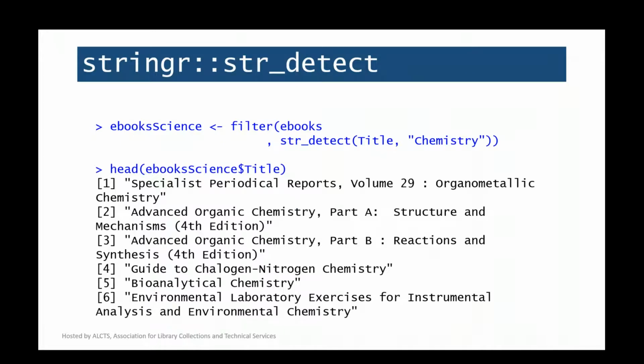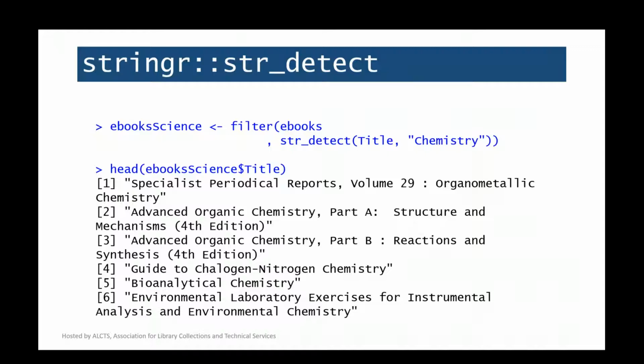Now if I call head on my recently created ebook science data frame, we can see that the term chemistry exists in each one of these titles. This can be an extremely powerful way of creating subsets. So you could run this over subject headings. You can add multiple items in that pattern if you use the OR operator, which is just a pipe.